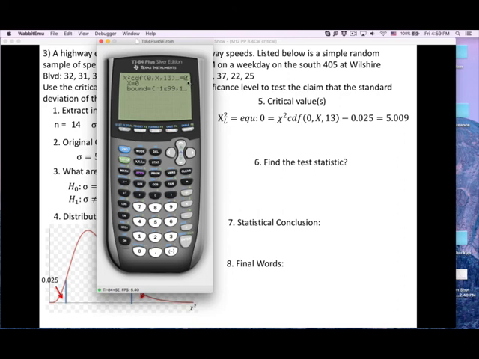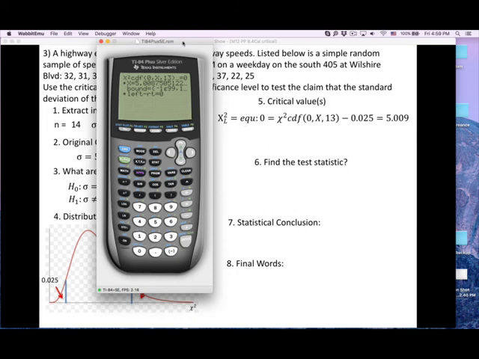Now, you're gonna see this is warning. Okay, they're calculating. So, this is a chi-square to the left. The critical value will be equal to 5.0087 or 5.009.